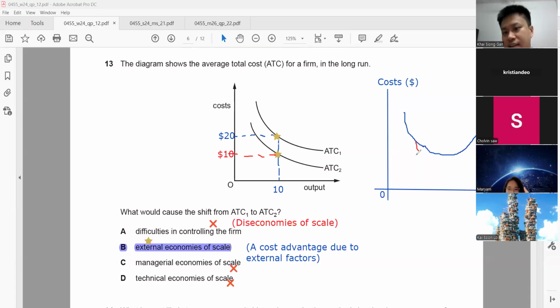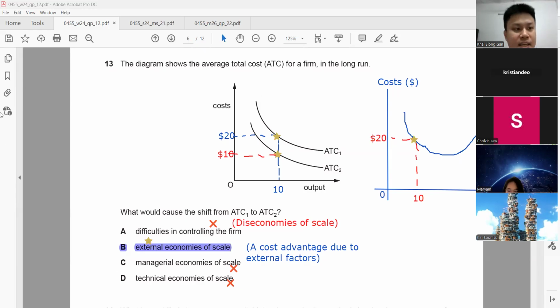Example, at first you are at this point, producing 10 output, and your cost is, for example, 20. So at first, you are at my red color dotted line.